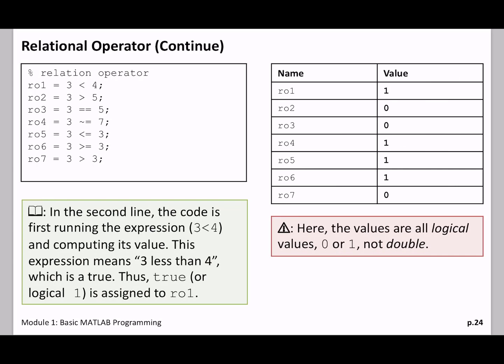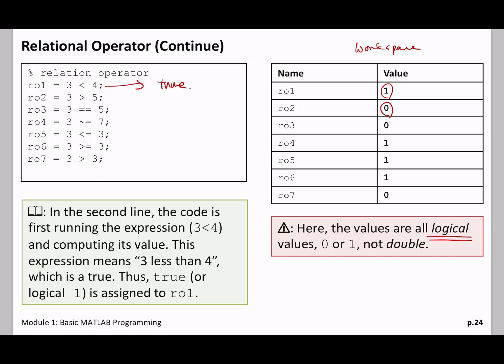Let's go to the next slide. Let's see this example. What is the answer? True. Okay. If you see this variable in the workspace, you will see this 1 or 0. But here, 1 is not the double type. 1 is the logical type. Okay. 1 means true, 0 is false.